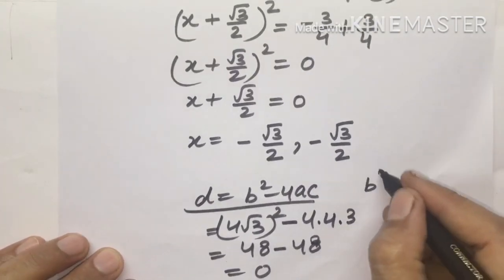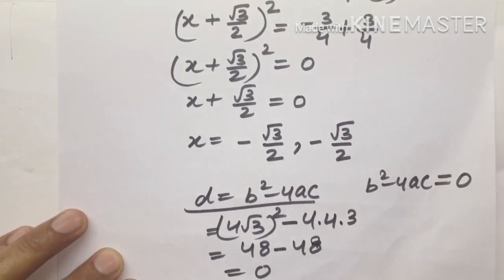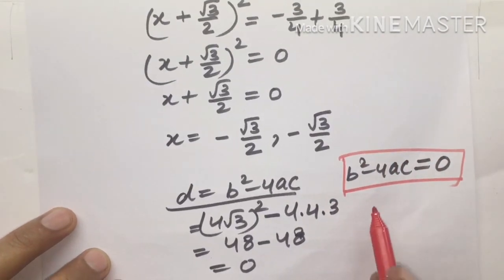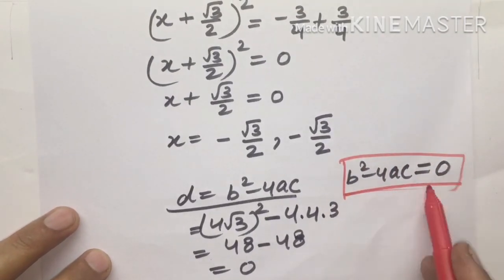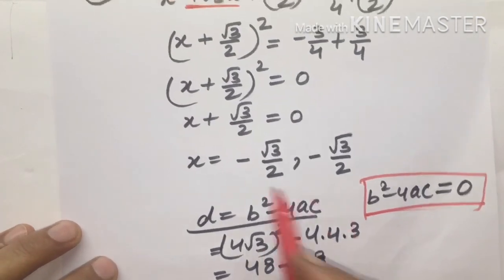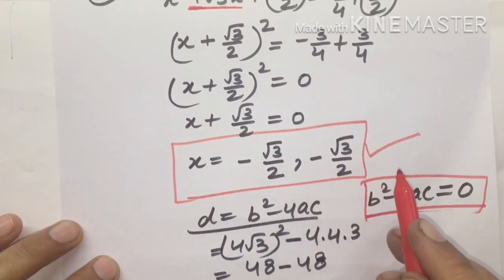So if b square minus 4ac is equal to 0, it means we will get two equal real roots. So that's why in this question we are getting two equal real roots.